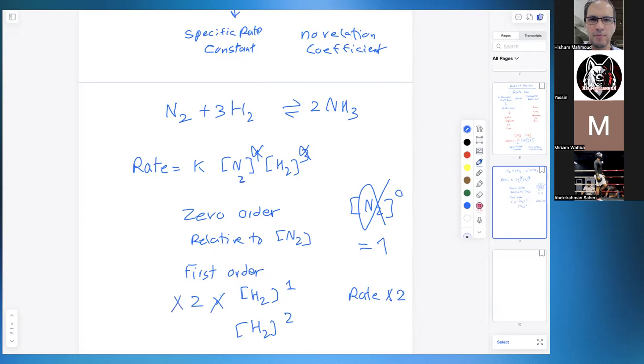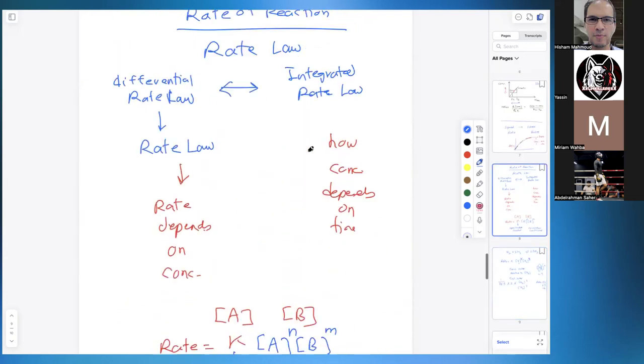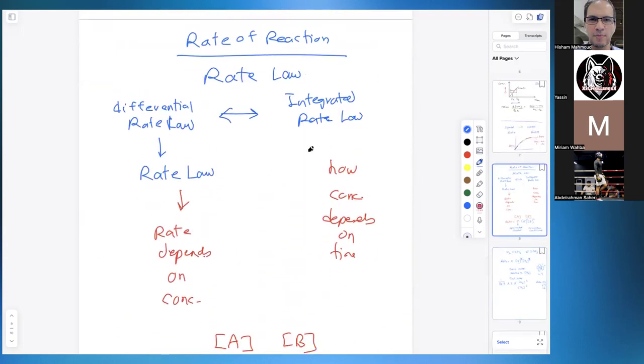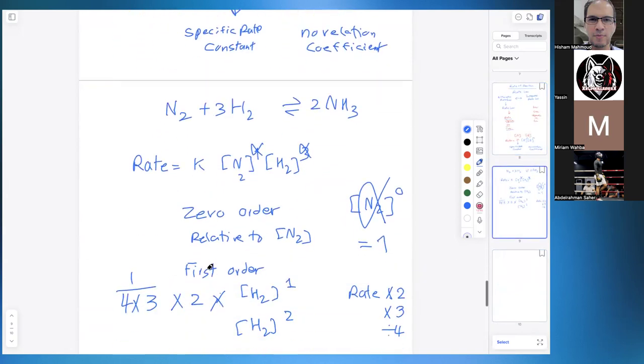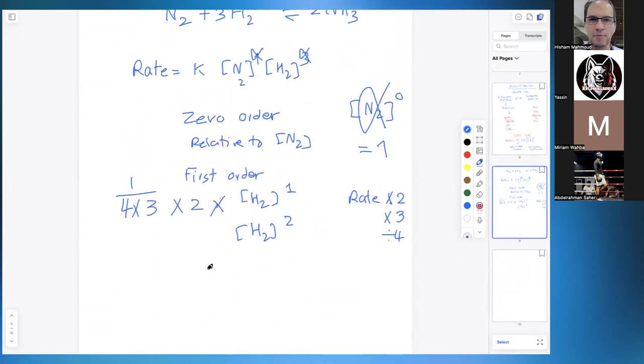If you multiply it by 3, the rate will be multiplied by 3. If you divide it by 4, then the rate will be divided also by 4. That's why I said this law shows you how the reaction rate depends on the concentration.